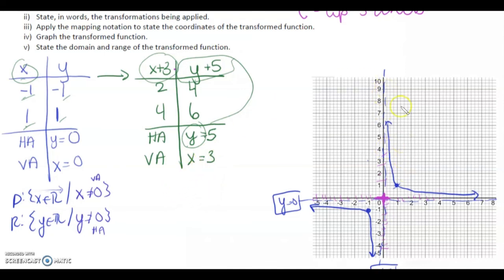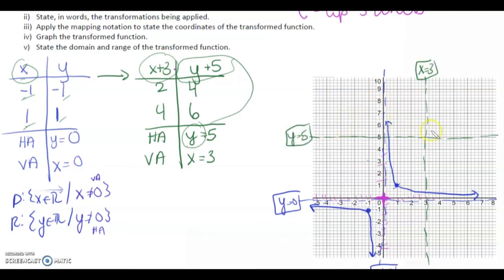So when we go ahead and graph this, we're going to graph a horizontal asymptote at 5, a vertical asymptote at 3, and from creating these two lines, we'll mark off x equals 3, y equals 5.